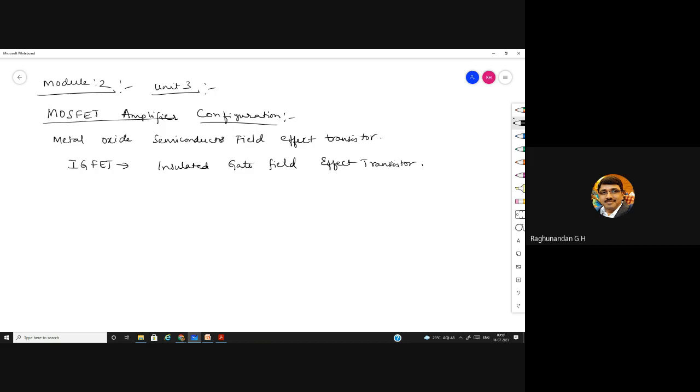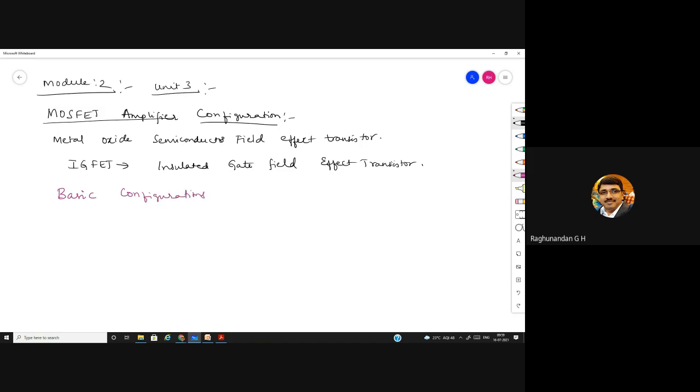Similar to our BJT, even this has configurations.